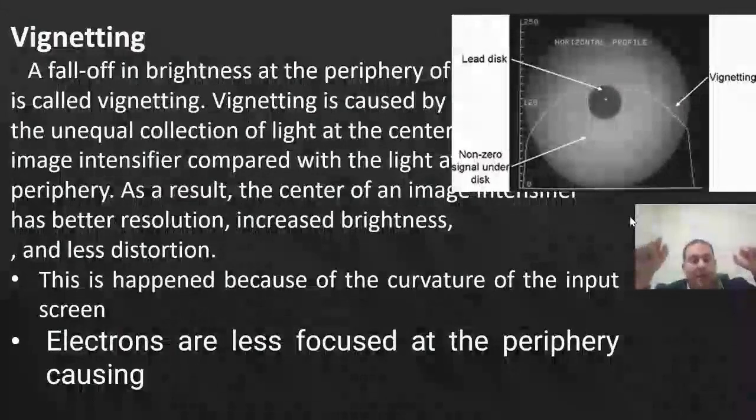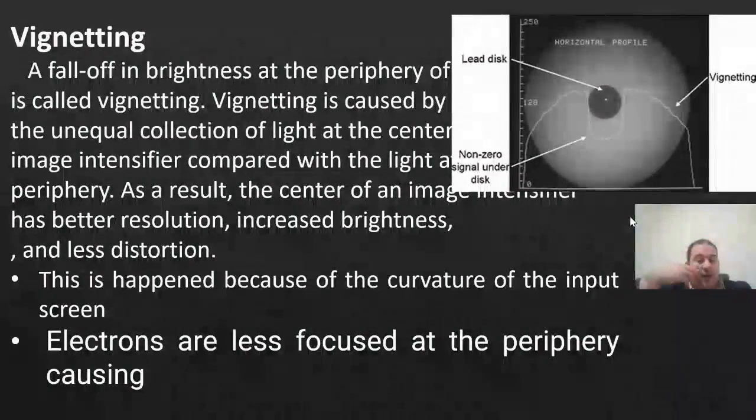This will result in the electrons at the periphery being less focused than the electrons at the center. Therefore, the electrons you have at the center will always be more focused than the electrons present at the periphery of the field of view.